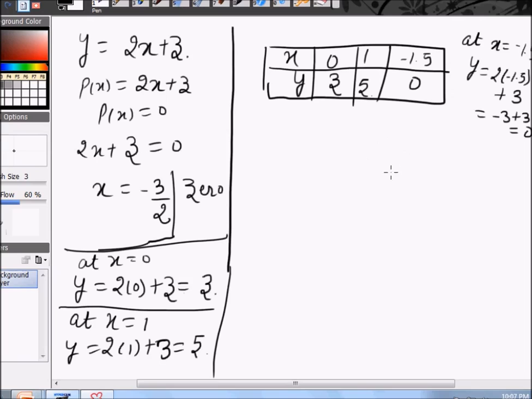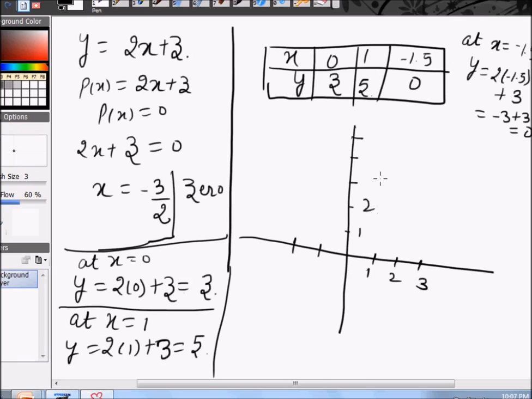Now let us plot these points on the Cartesian plane. At x equal to 0, we have y equal to 3, this point (0, 3).